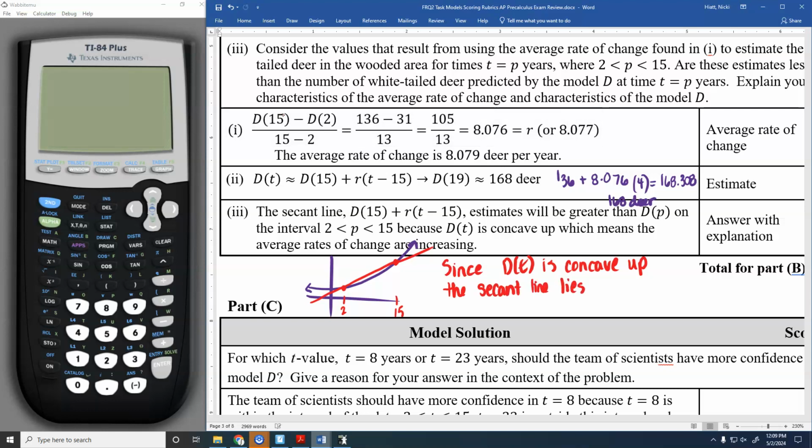lies above d of t, which is the exponential.